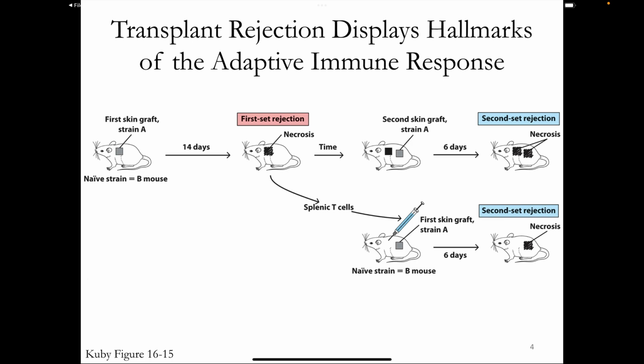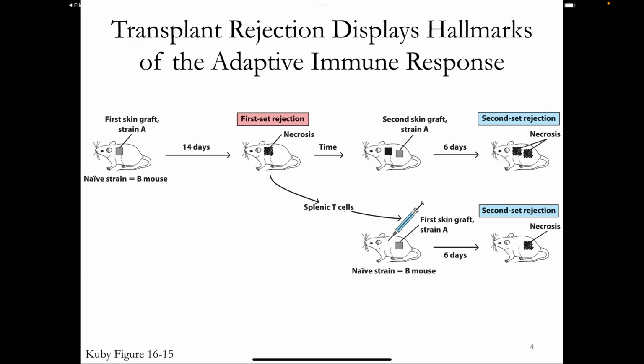And so the idea here is that we're looking to see, are the T cells or are the antibodies the things that are really important in this rejection process? So this mouse has never actually gotten a skin graft before. It's just gotten either antibodies or T cells from this experienced mouse.